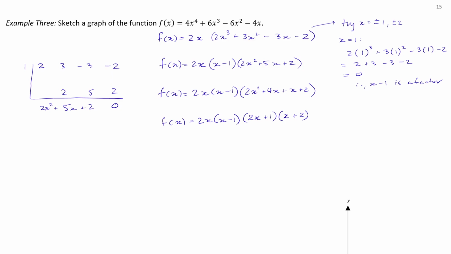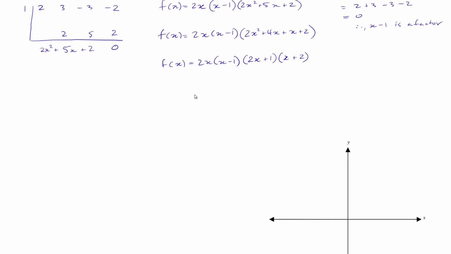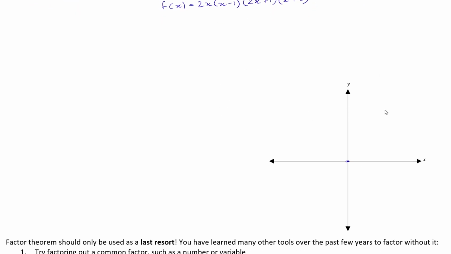Okay, so we have now a factored form of this quartic. And that factored form of the quartic is actually quite helpful because now we know where the zeros are. So we know that we have a 0 at 0, 0, right? So what I'll do is I'll scroll down here and I'll put, we have a 0 at 0, 0, okay?